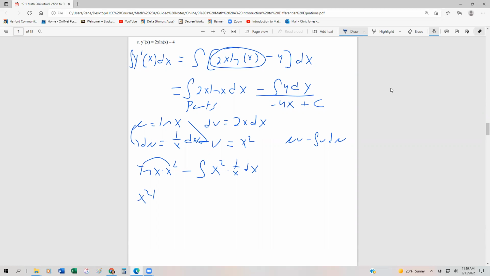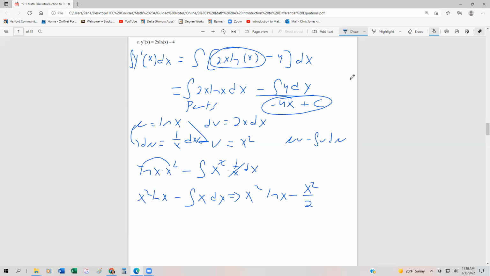So we have x squared ln x minus, we have an x squared times 1 over x, which is just going to be x dx. When we finish out just the parts, we're going to get x squared ln x minus x squared over 2. But we can't forget that we had the minus 4x plus c.